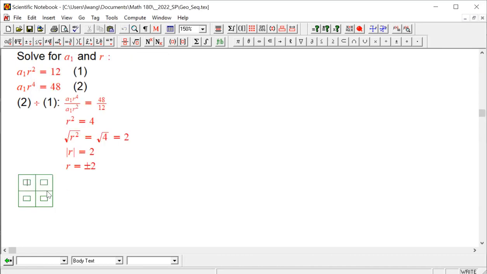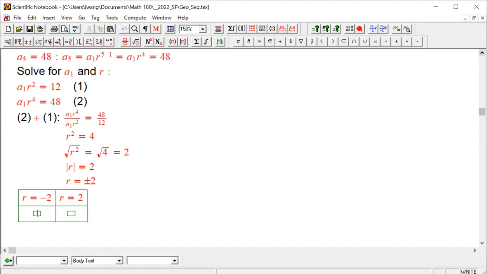Right, we have two cases for r. r equals negative 2 or r equals 2.